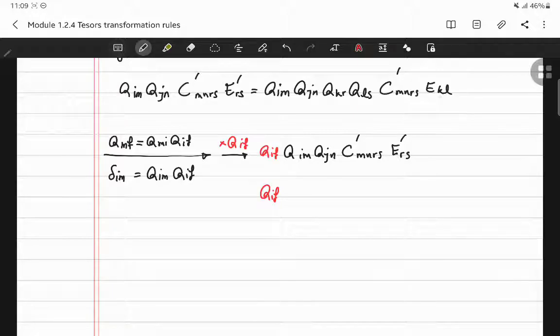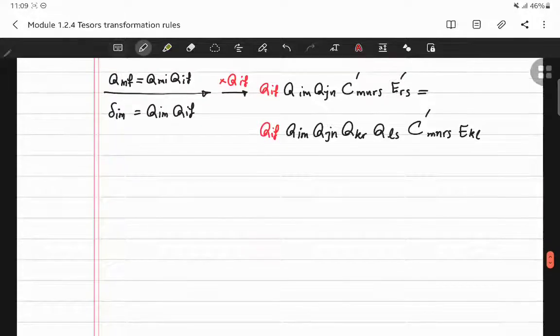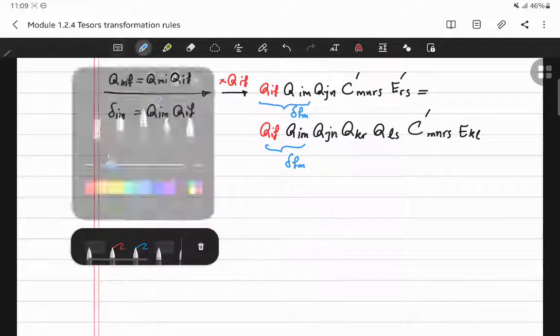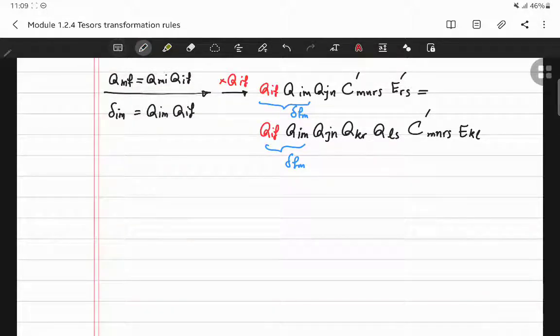Perfect. And on the other side I have Qif, Qim, Qjm, Qkr, Qls, C prime mnrs Ekl. I just multiplied Qif to this on both sides of this expression. So basically this gives delta fm, which shows that f is equal to m, so I can substitute it with m.